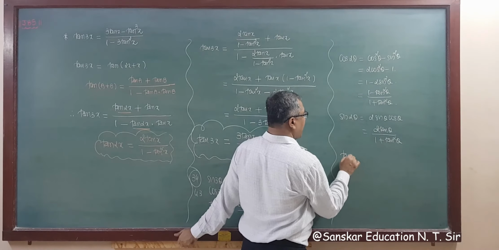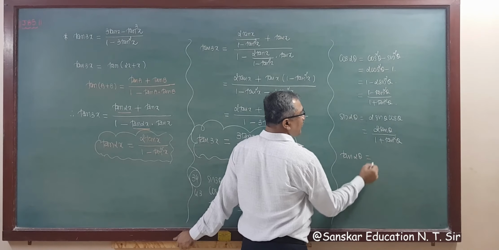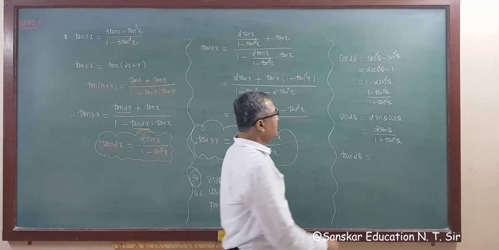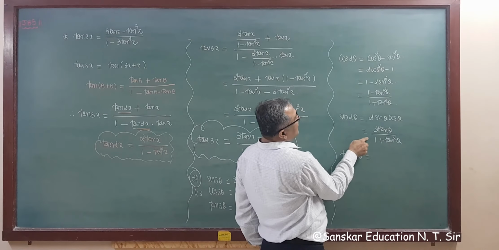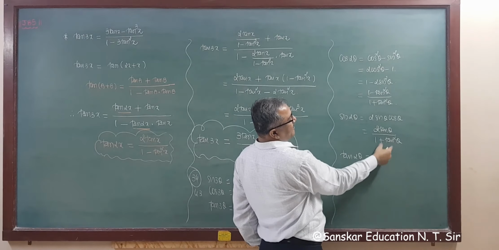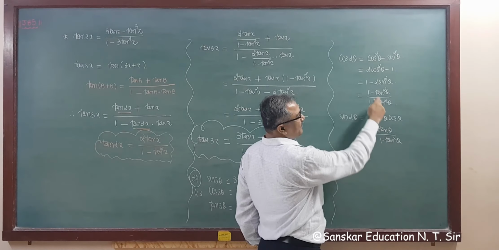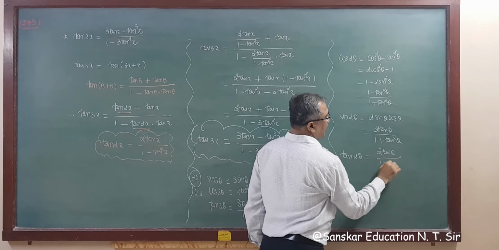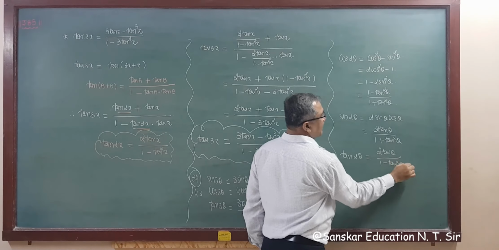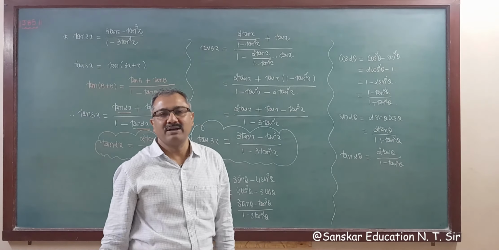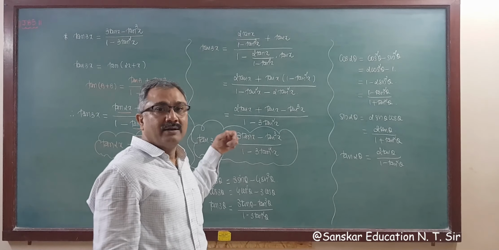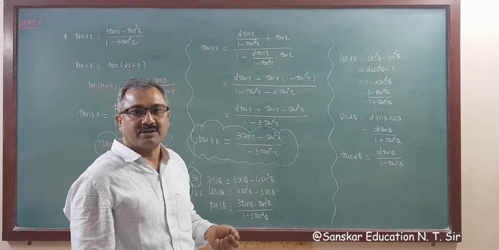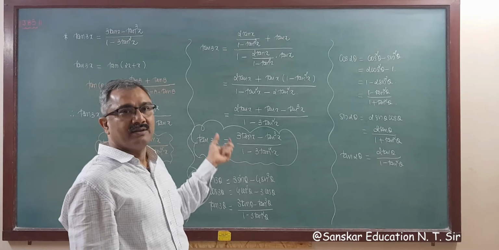And tan 2 theta has only one formula in terms of tan, sine upon cos, so the 1 plus tan square will cancel. So this upon this, that is 2 tan theta upon 1 minus tan square theta. So these are the formulas that we learned in the previous lecture and this lecture. Okay, so remember all these formulas.